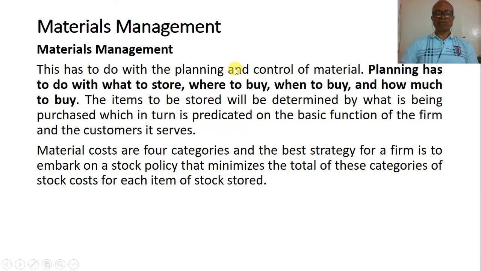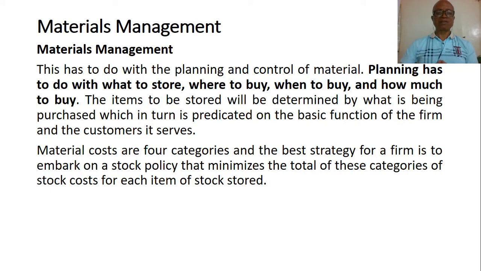Let's look at materials management. This has to do with planning and control of materials. It is important for every organization to plan and to control their material usage or storage. And what is planning here? Planning has to do with what to store, where to buy, when to buy, and how much to buy.